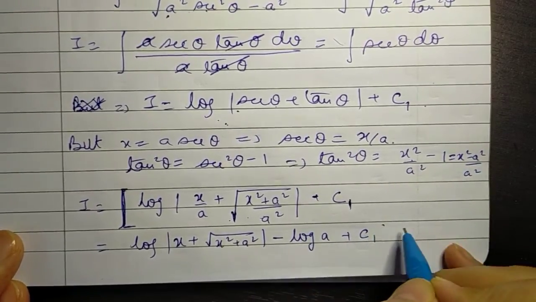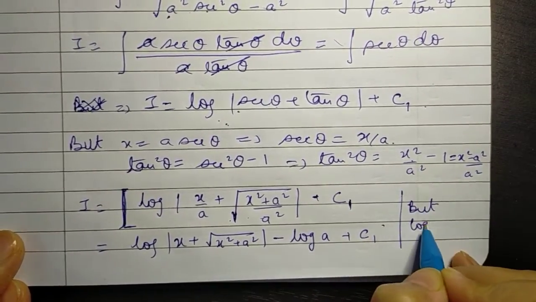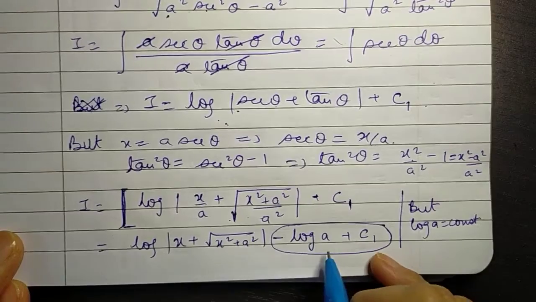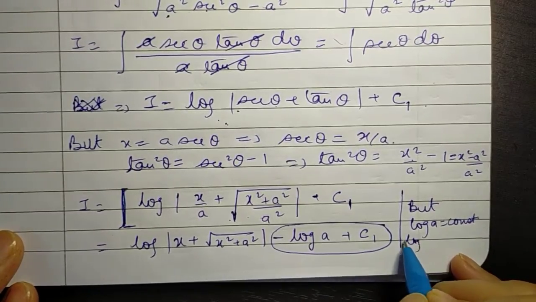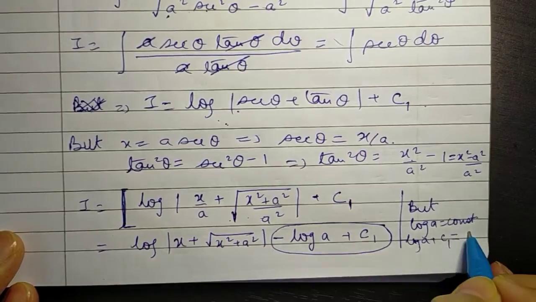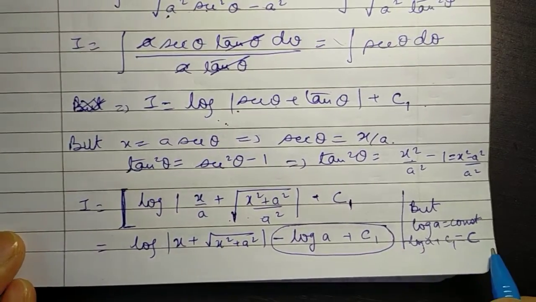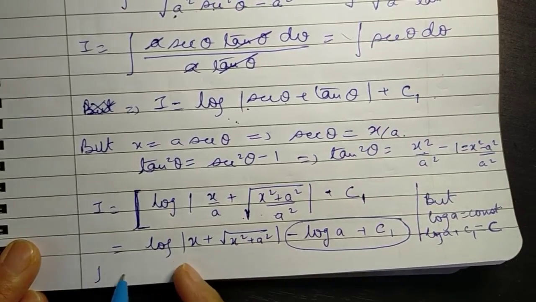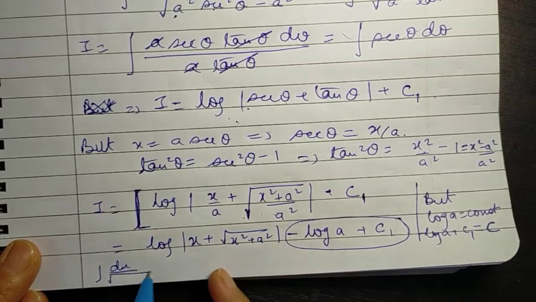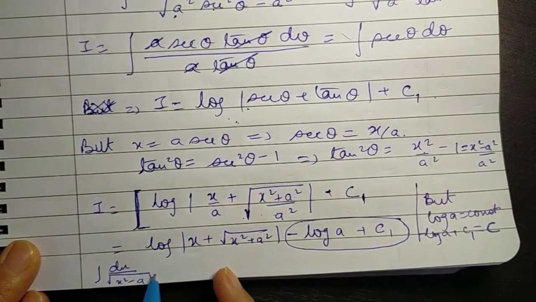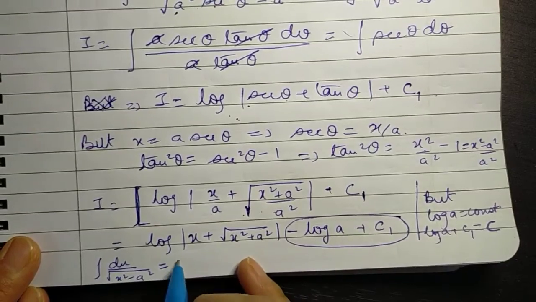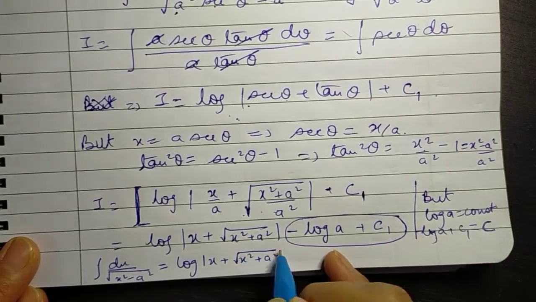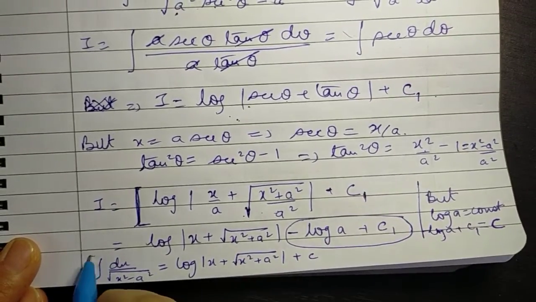Now log a is a constant, and so this term minus log a plus c1 can be replaced with some other constant, that is capital C, and so we get the next integral as: integral of dx over square root of x squared minus a squared is equal to log of modulus of x plus under root of x squared minus a squared plus a constant.